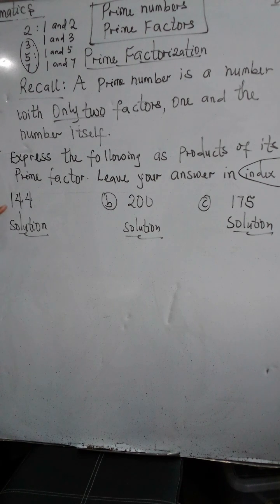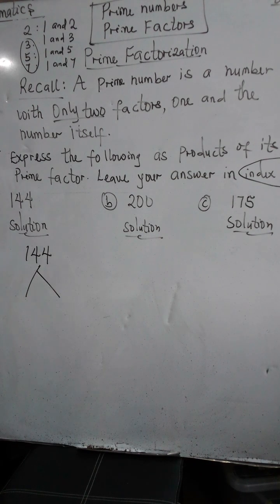So look at this. To express this, I'm going to use the tree method. Of course, I'm going to use the tree method. So if this is 144, I want to express it as a product of its prime factors.